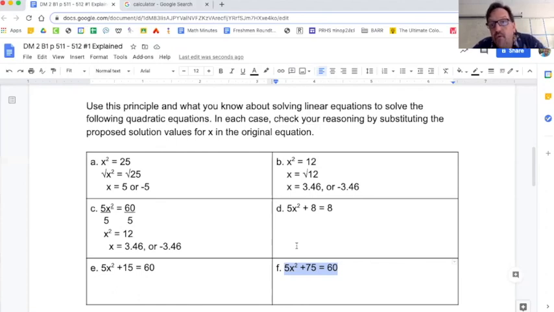Well, we know that a negative times a negative is a positive, and a positive times a positive is a positive. There's no way to get two numbers and square them and get a negative. You always get a positive.